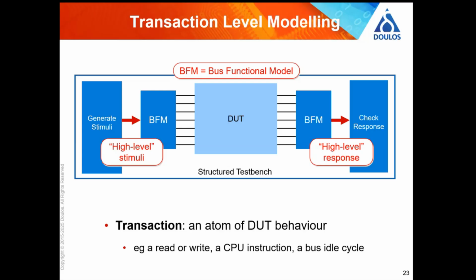Whereas if you had some other kind of DUT, like a microprocessor, perhaps an instruction would be a transaction. So an add, a subtract, a jump, whatever your CPU, your processor is doing. Other systems will have other transactions, packets, symbols, whatever it is that your DUT does. But it's some kind of high-level representation of what your DUT can do.